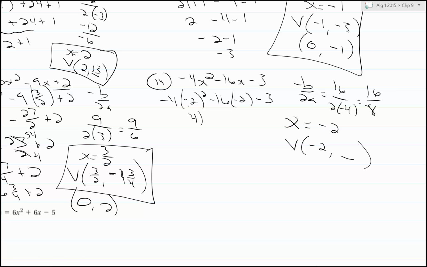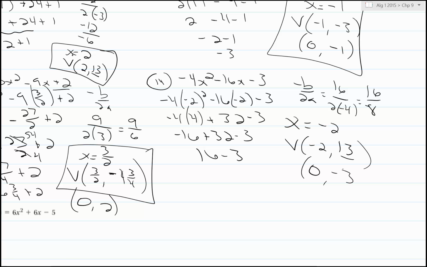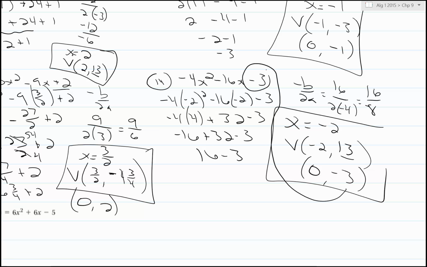Negative 2 squared is positive 4. So I'm going to get negative 16 here, plus 32 minus 3. Positive 16 minus 3 is 13. The extra ordered pair I need when I graph is 0 paired with negative 3. Again, that's coming from this value right here on the end.